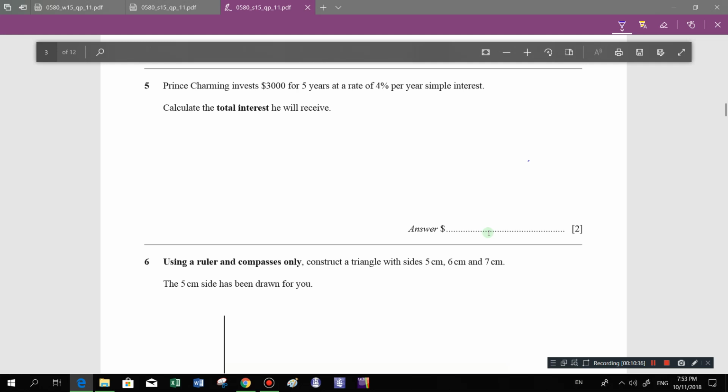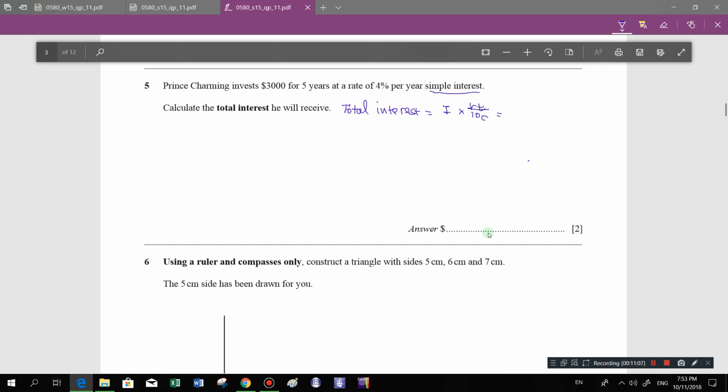Okay, now this is a question on simple interest. Find the total interest you will receive. Now, the formula for total interest, but remember this is for a simple interest scheme. So the total interest is equal to I times RT over 100.